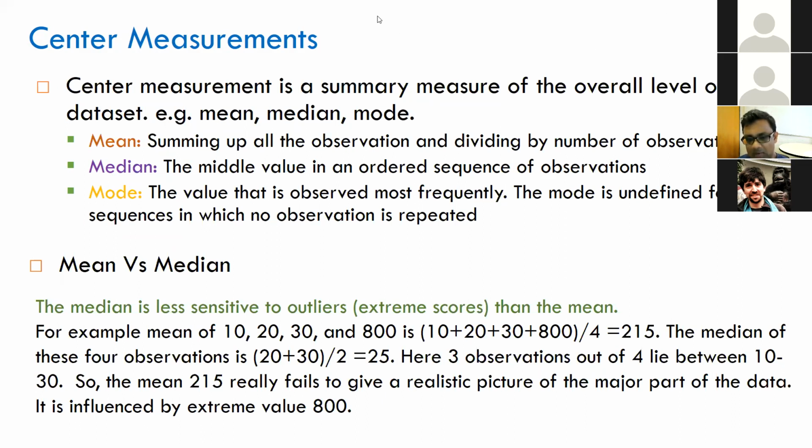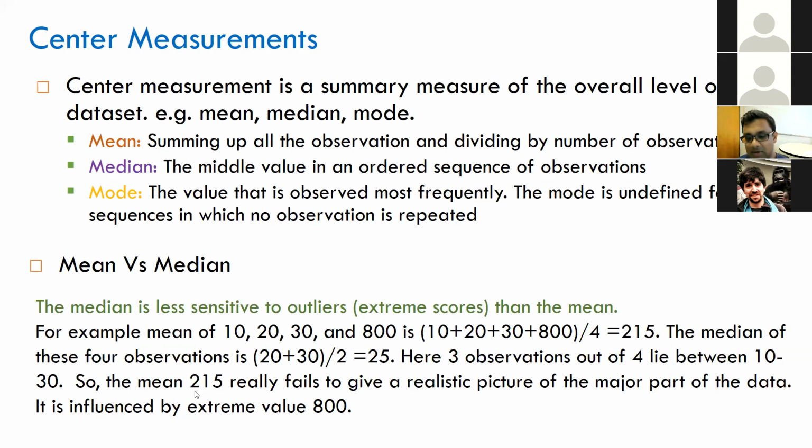So you have 10, 20, 30, and 800. So 800 is kind of an outlier. You have this data set and you calculate the mean, and you get a mean of 215. But the median is 25, right?